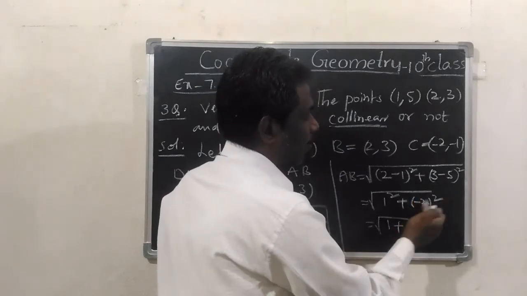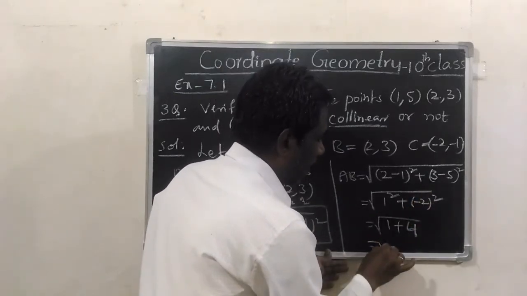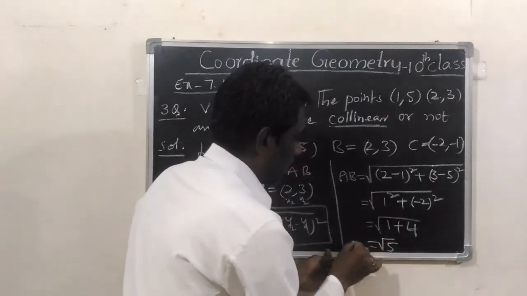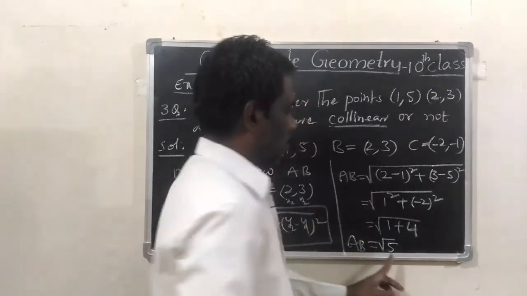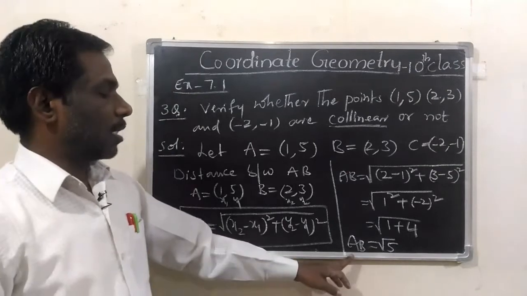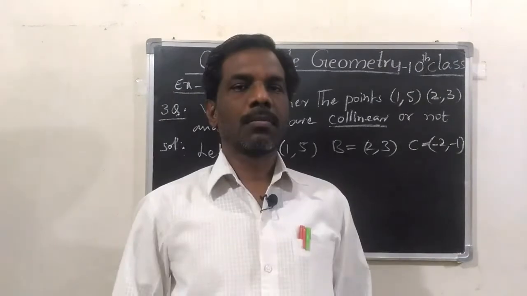Minus squared is plus, 2 squared is 4. So 1 plus 4 is 5. AB is equal to root 5. The distance between A and B is root 5.